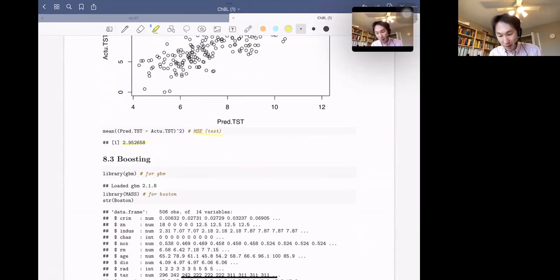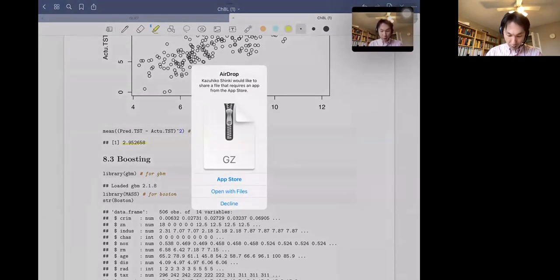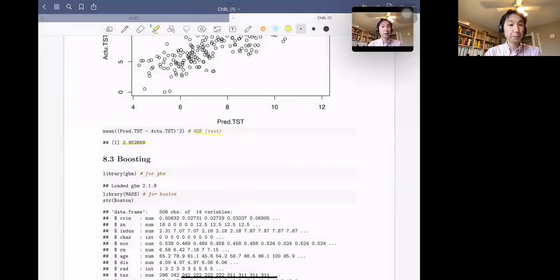So it still performs slightly worse. So I think we have to optimize several parameters to get better results for random forest.